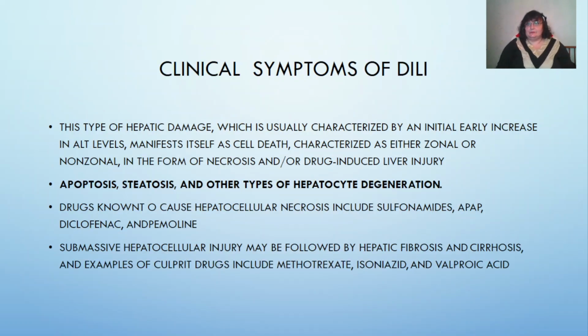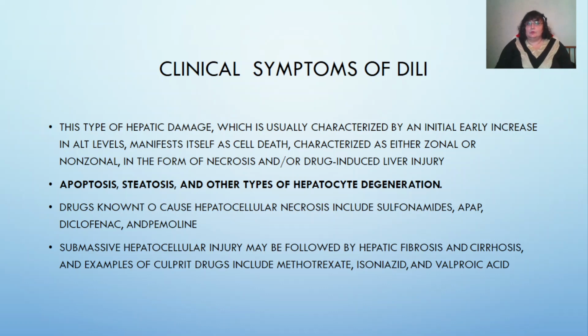Clinical symptoms of DILI. This type of hepatic damage is usually characterized by an initial early increase in ALT levels and manifests itself as cell death, characterized as either zonal or non-zonal necrosis and/or drug-induced liver injury, apoptosis, steatosis, and other types of hepatocyte degeneration.